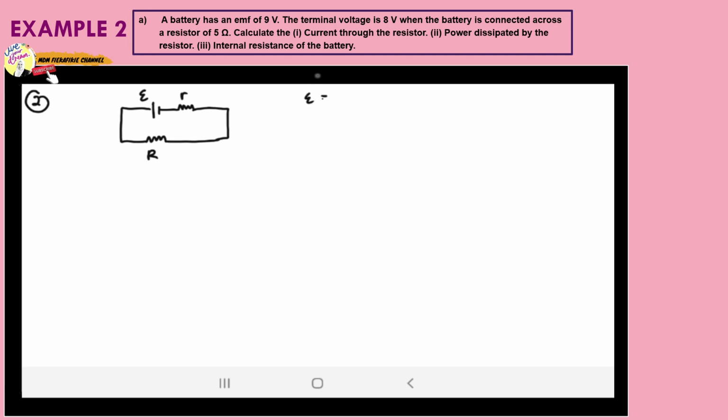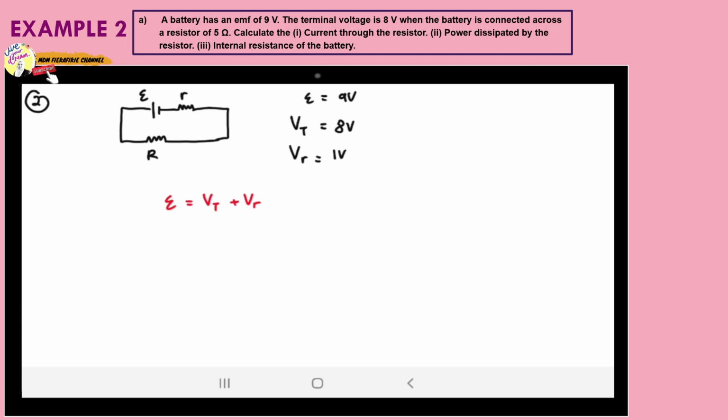Given that EMF is equal to 9 volt, but the terminal voltage across capital R is equal to 8 volt, where is the other 1 volt? You must know that the other 1 volt is the voltage across the internal resistance. So I will write VR is equal to 1 volt. We can write the general equation: EMF is equal to V terminal plus VR.